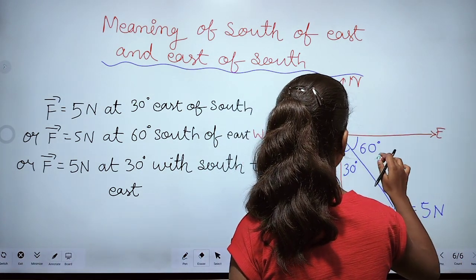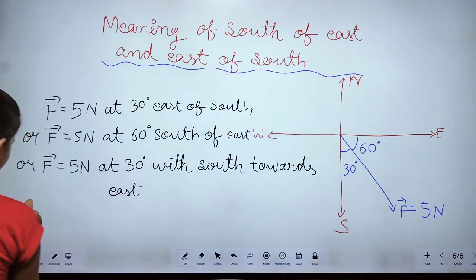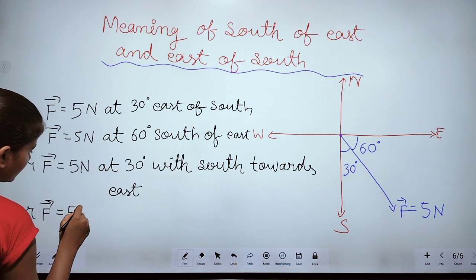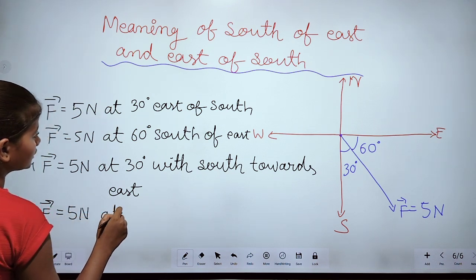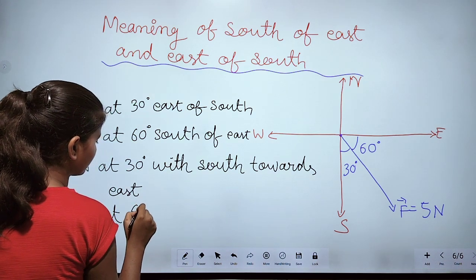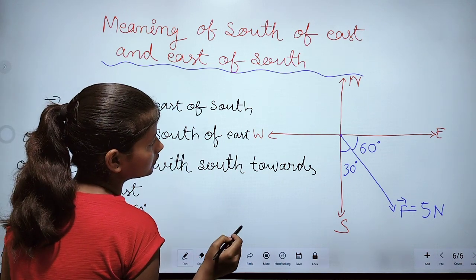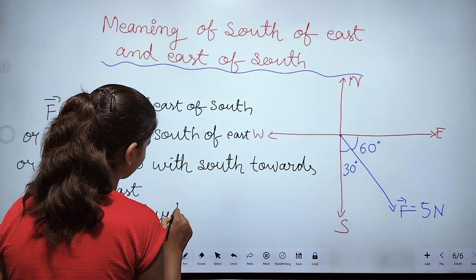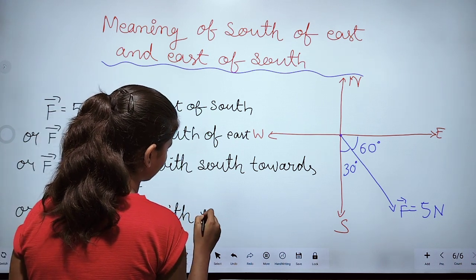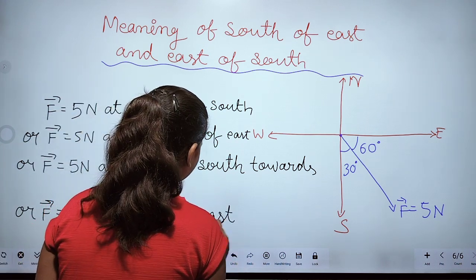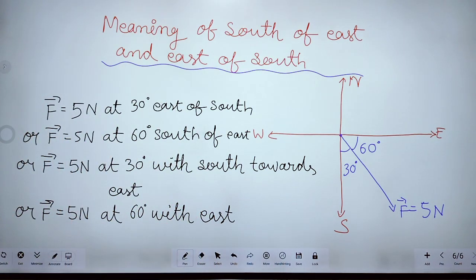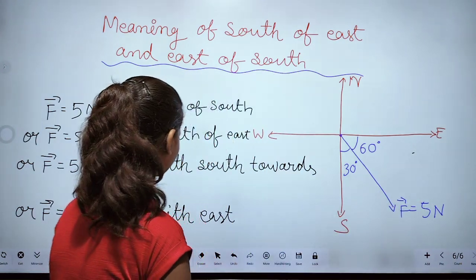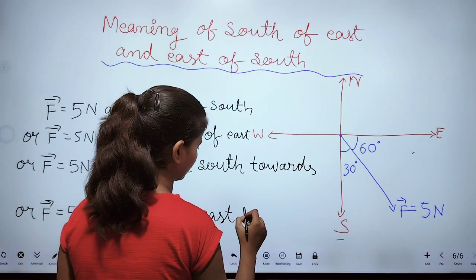Or F vector is equal to 5 Newton at 60 degree with east. 60 degrees is formed with east, okay, towards south.